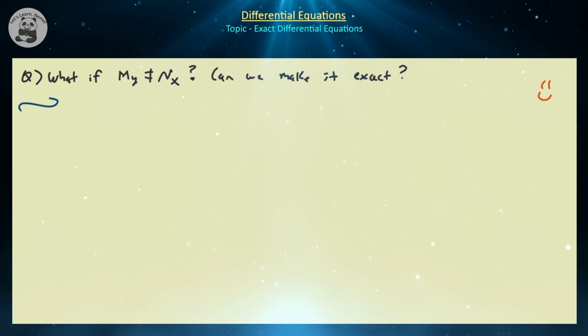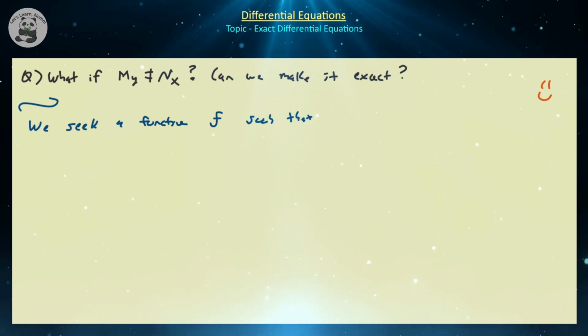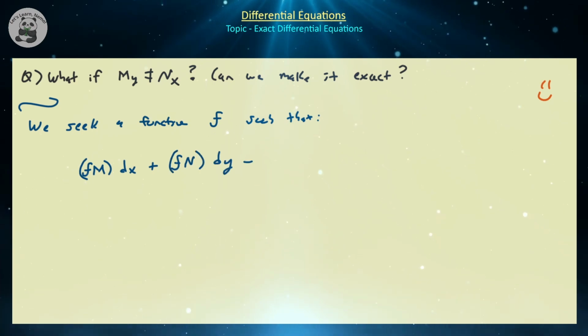Right, so we're going to approach this just like we did for first order linear and homogeneous differential equations. So what we're going to do is seek a function f, and f could be a function of x, it could be a function of y, it could be a function of both of them, but I'm just going to call it f for now, such that the following differential equation, fM dx plus fN dy equals 0, is exact.